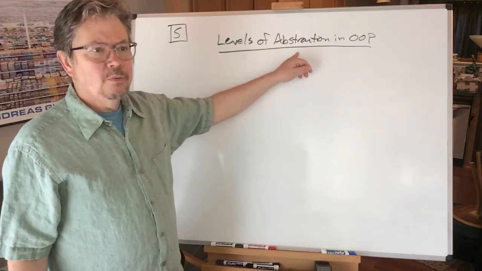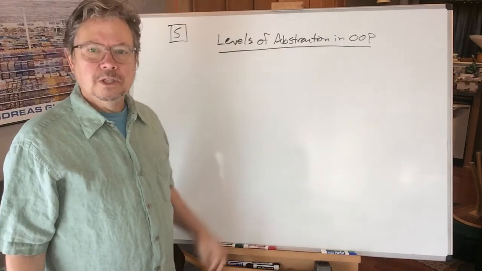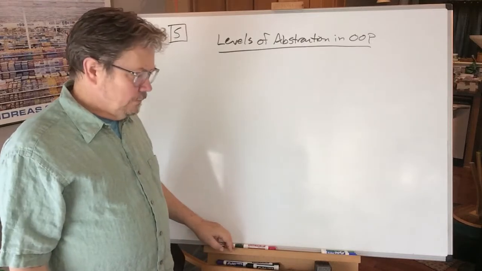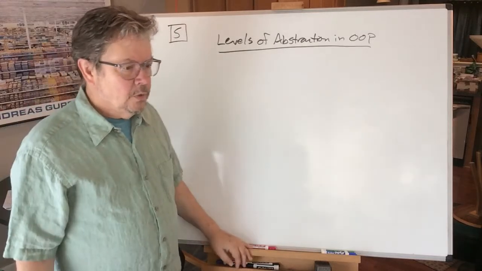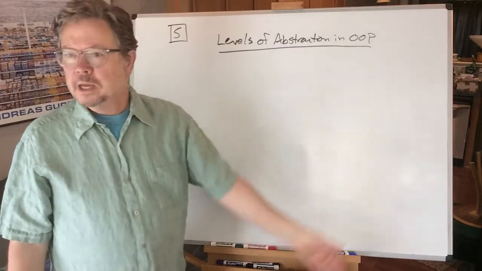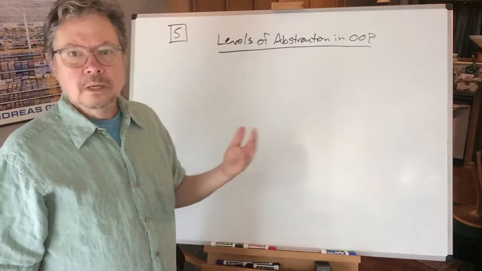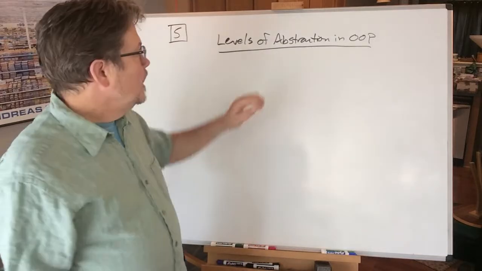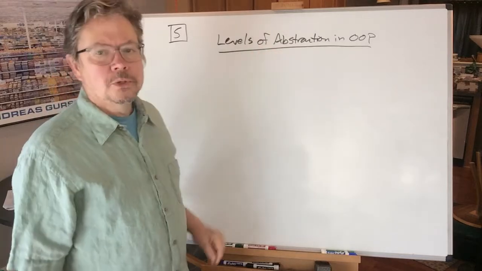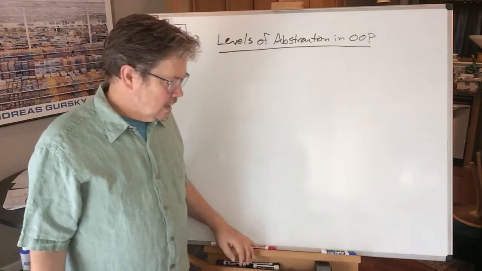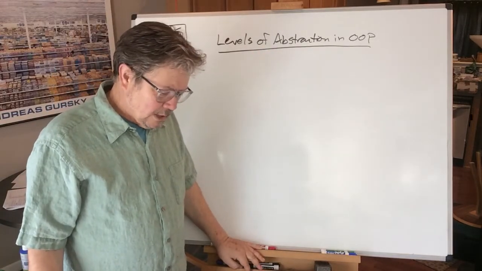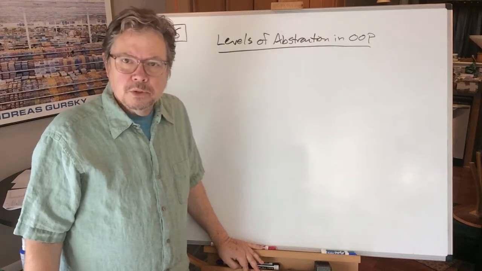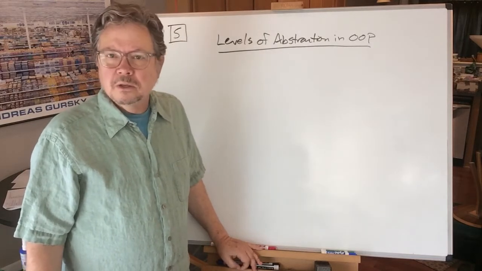Abstraction. I think I threw that word around a lot in the previous video, did I not? You might think that's art that you make by putting your canvas on the ground and throwing paint out the window. That's one kind of abstraction. But in computer science, abstraction means you just ignore the technical details.